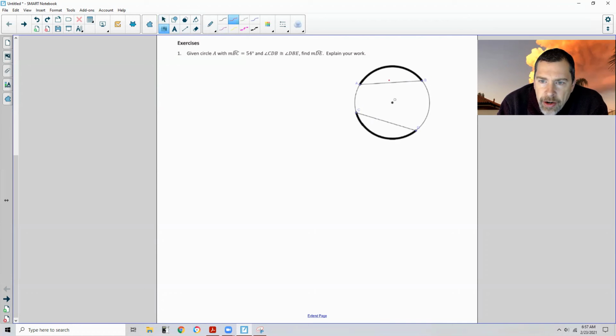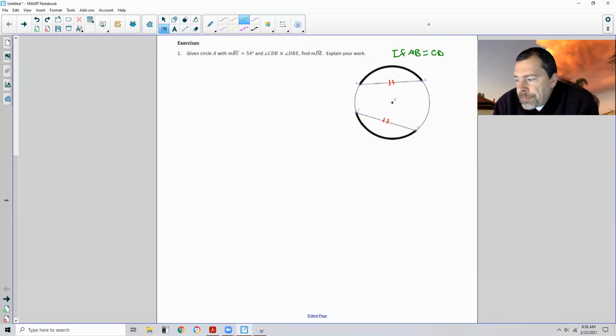If arc AB is the same length as arc CD, then the chords, I'm sorry, let me rephrase that. If the chords are congruent, if AB equals CD, then the measure of arc AB equals the measure of arc CD.